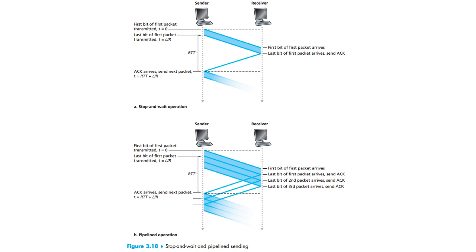Pipelining has the following consequences for reliable data transfer protocols: the range of sequence numbers must be increased, and the sender and receiver sides of protocols may have to buffer more than one packet. Two basic approaches toward pipelined error recovery can be identified: Go-Back-N and selective repeat.